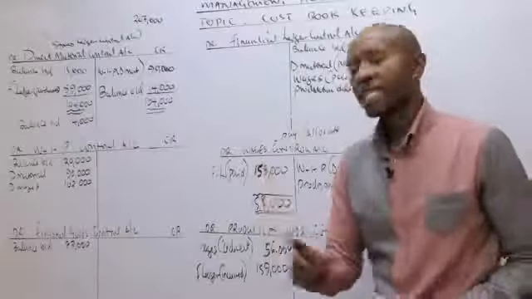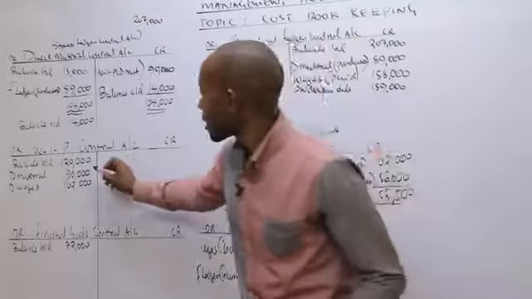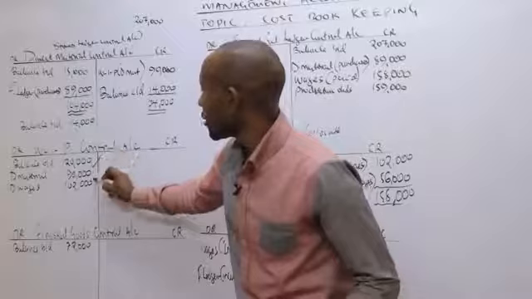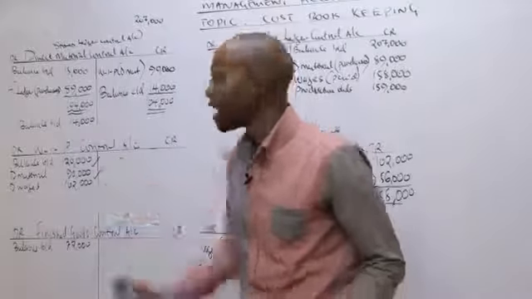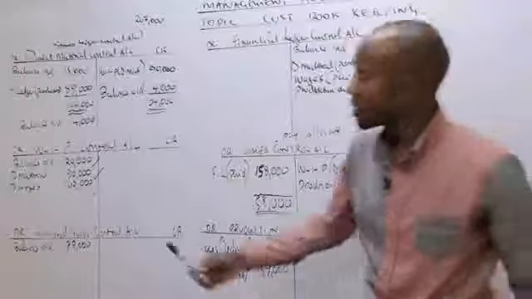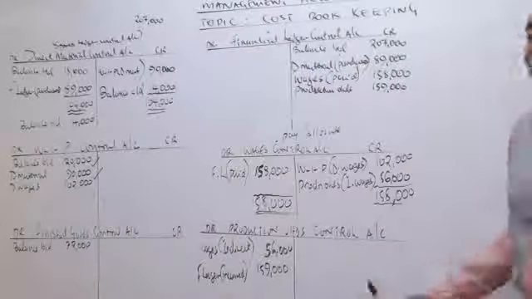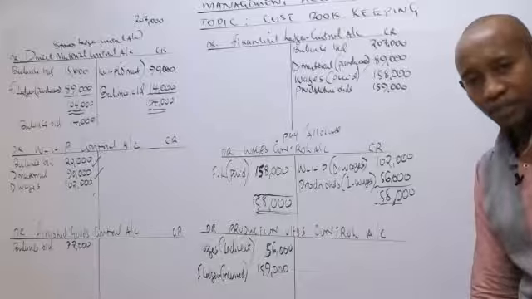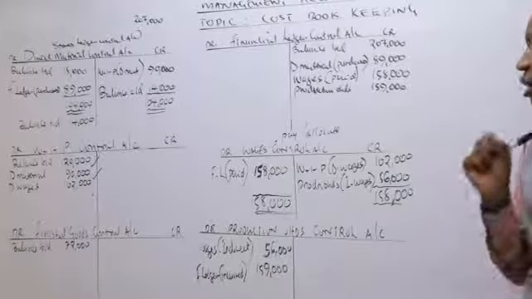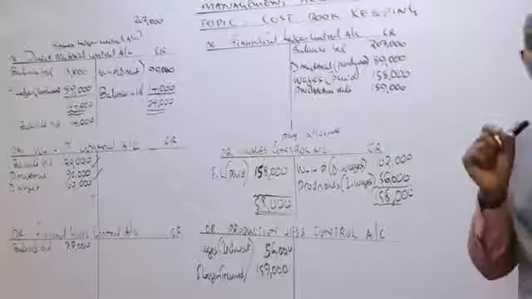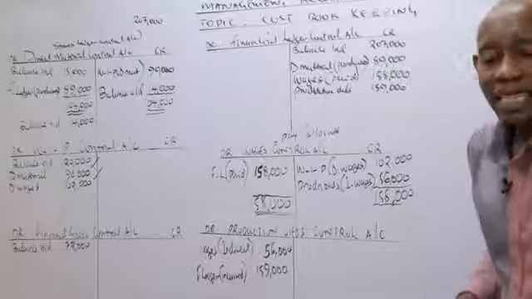Because we've said elements of cost are material, wages, and overheads. So the only thing that is missing in this account is the production overheads that were absorbed. So allow me to write that.